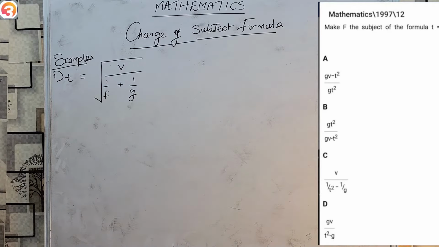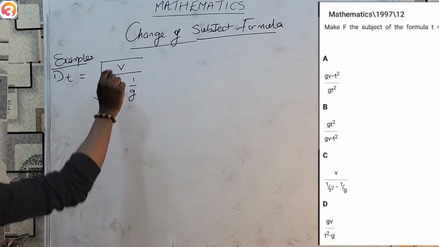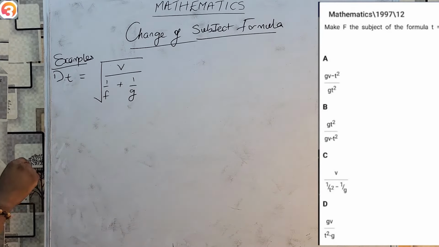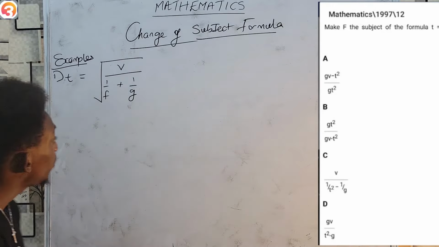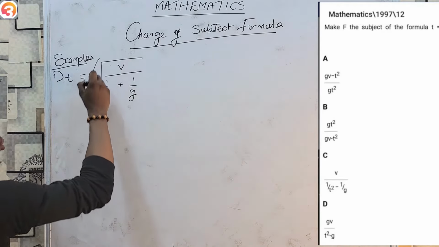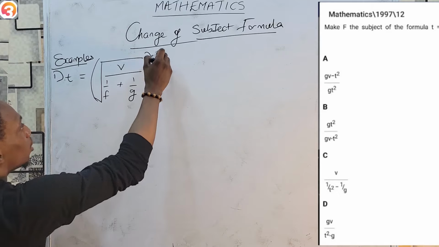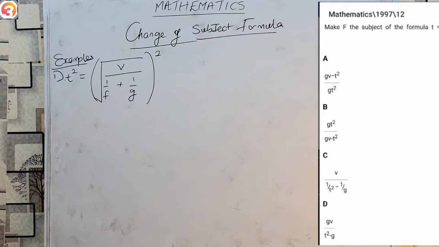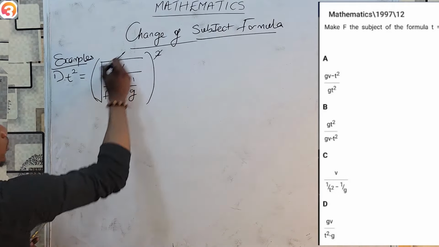Now looking at it, first of all, I cannot touch this F yet because there's a square root covering it. Like I just said, how do you get rid of a square root? To remove it, you have to square both sides, such that this square removes my square root.